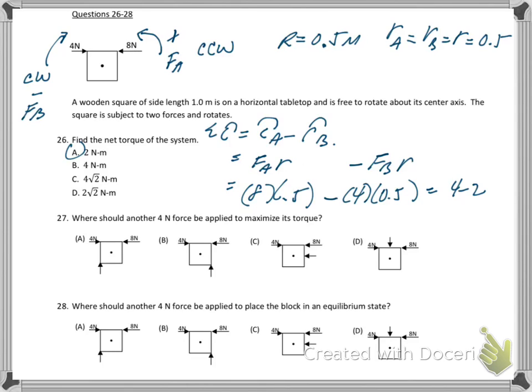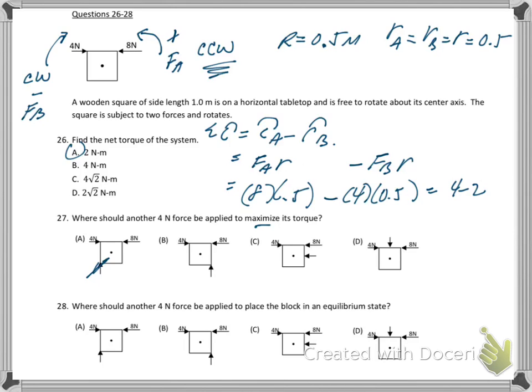Number 27, where should another 4 Newton force be applied to maximize its torque? Given the answer to 26, the net torque is going in a positive direction, so counterclockwise. So we want to apply another force that's counterclockwise. Well, for A, that's clockwise.